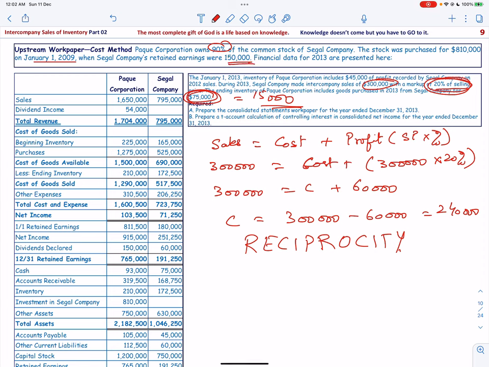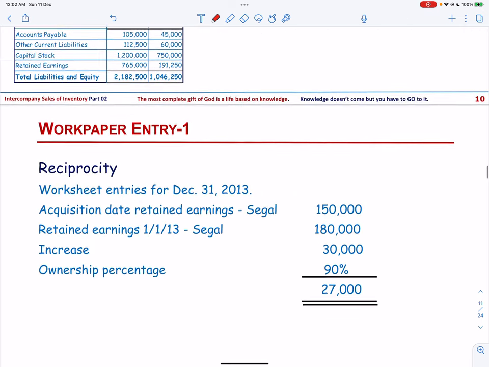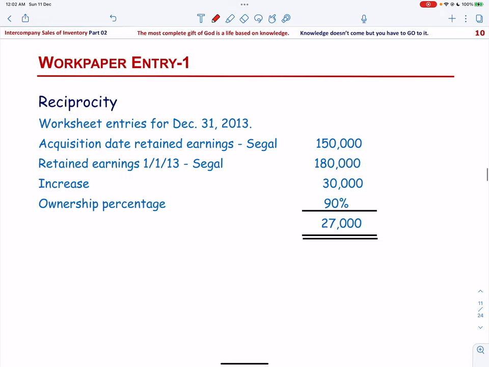And when we compare this earning with the beginning retained earning of Segal Company for the year 2013, you can see that the beginning retained earning in the year 2013 is 180,000. It has increased by 30,000, and we are going to talk a little more about it as we progress. So we have the work paper entry for reciprocity.